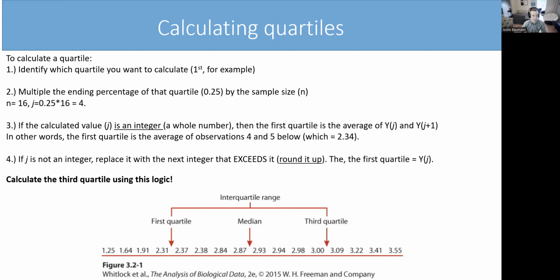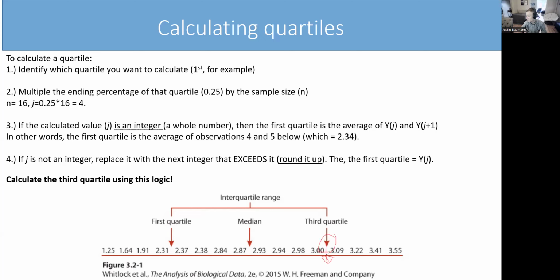Okay, so let's calculate the third quartile using this logic. If we take our n of 16 and multiply by 0.75, 16 times 0.75, we get 12. So that's going to be here, right?